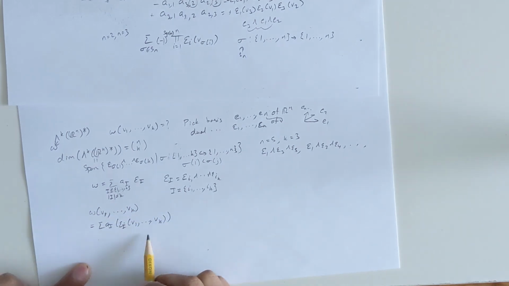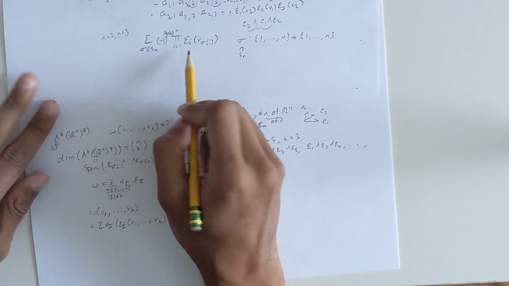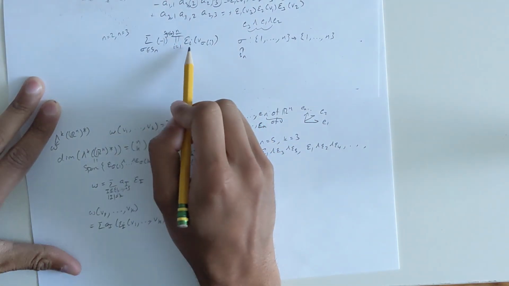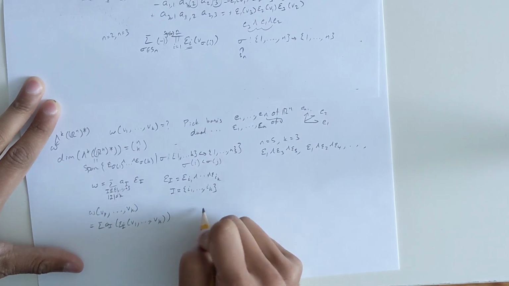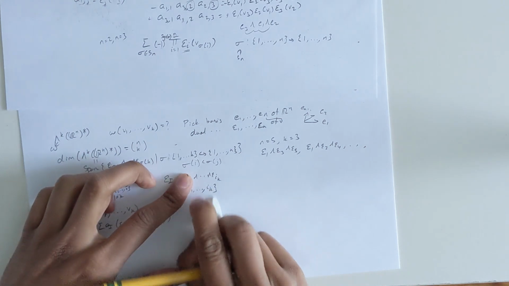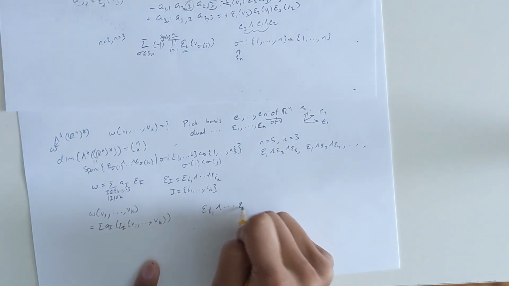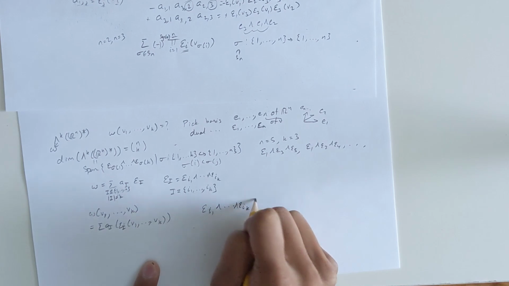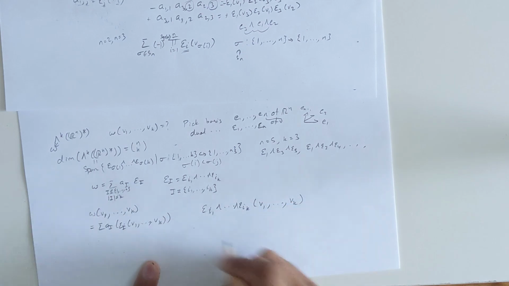And these epsilon I of V1 through Vk, I claim that we know how to evaluate. It's by using the same formula over here, except instead of going all the way up to n and choosing these i's, we're going to say that epsilon I1 wedge all the way up to epsilon Ik evaluated on V1 through Vk is as follows.